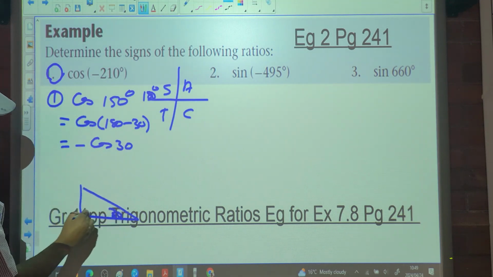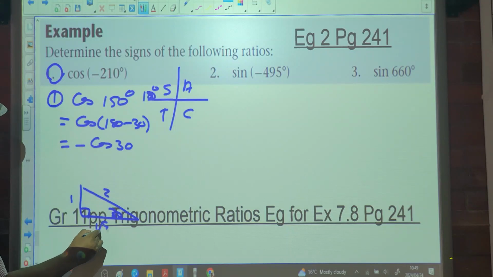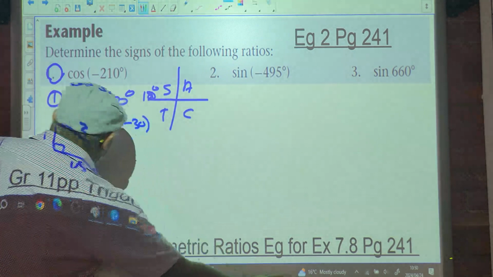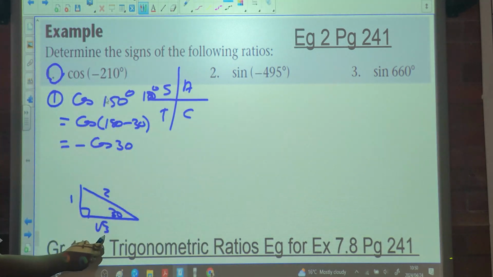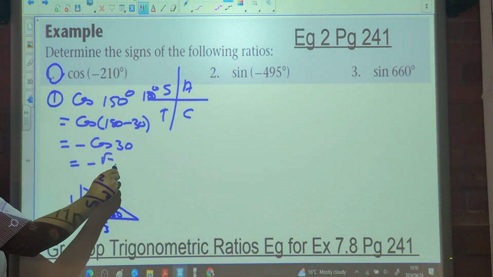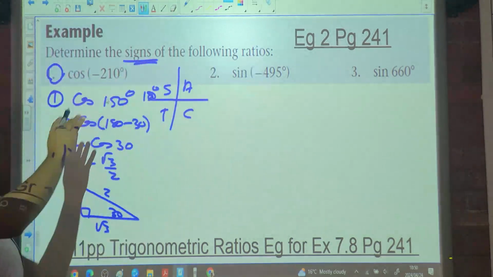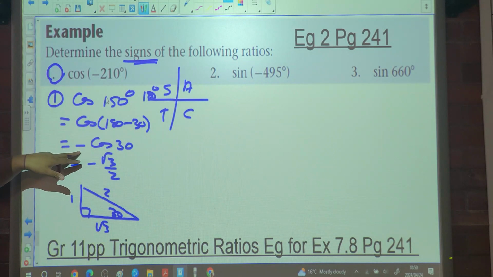That's 30 degrees: 1, 2, root 3. So cos of 30 degrees is root 3 over 2, and with the sign, negative root 3 over 2. But remember the question was just for the sign, so they wanted you to stop here already to say that it is negative. You guys understand? I'm just going a bit further.